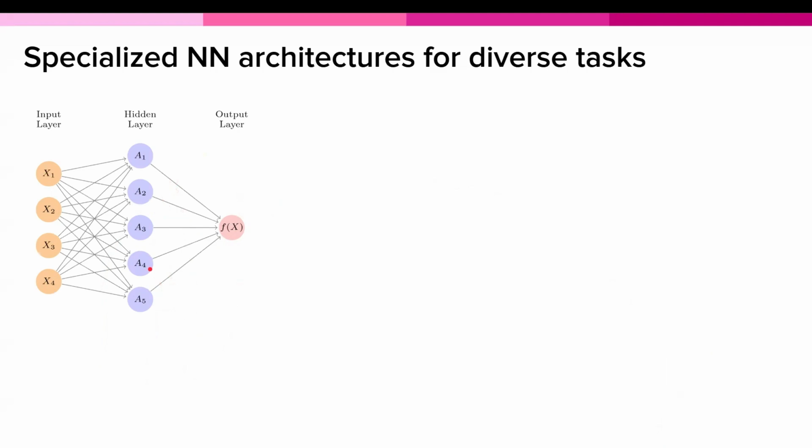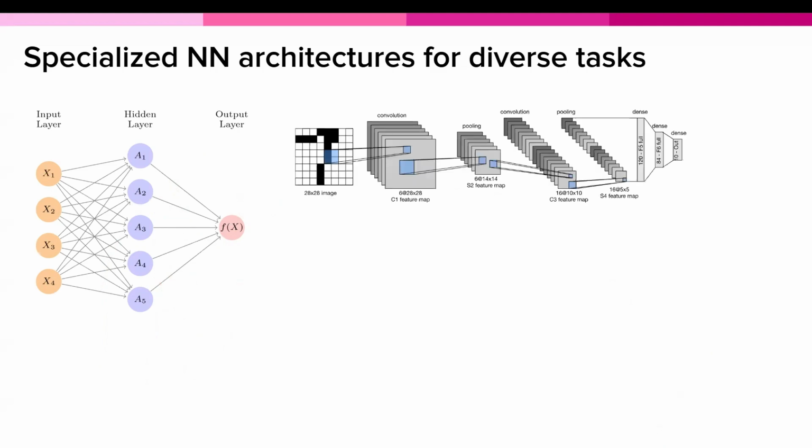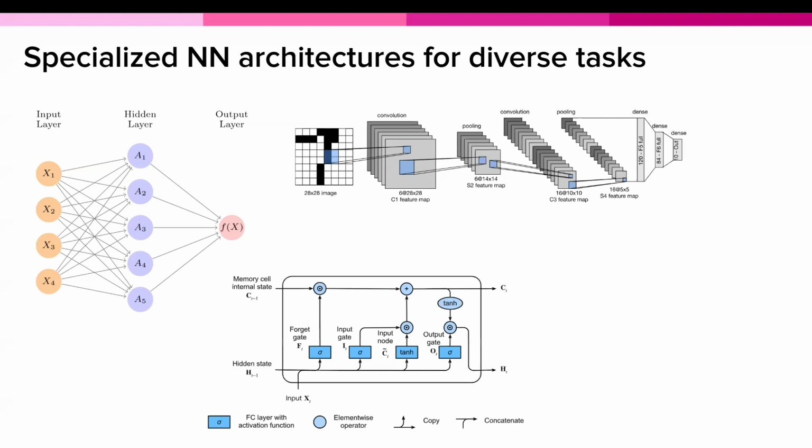We called this a multi-layer perceptron, or feed-forward network, or fully connected network. We then talked about convolutional neural networks that use sparse connections and weight sharing to do a set of convolutional operations for the specialized task of computer vision and image processing.